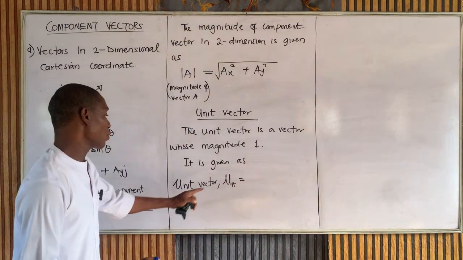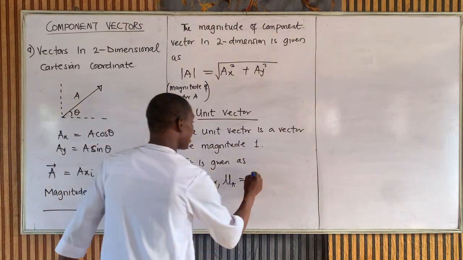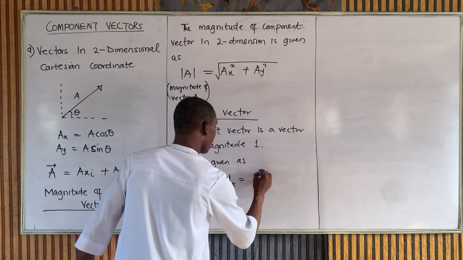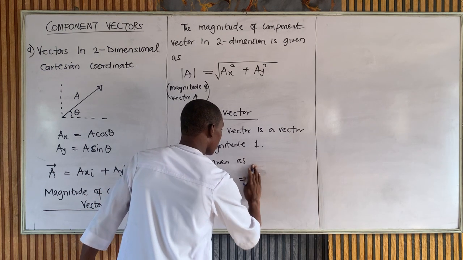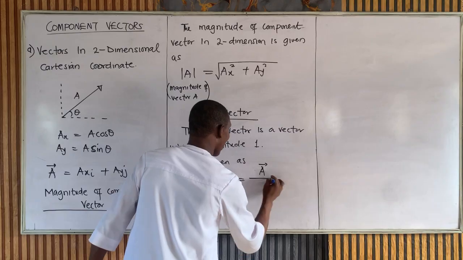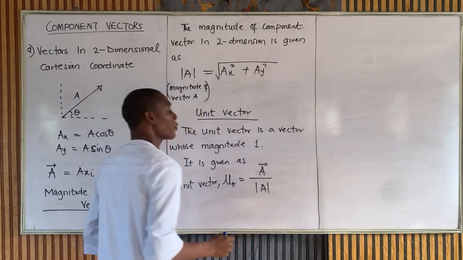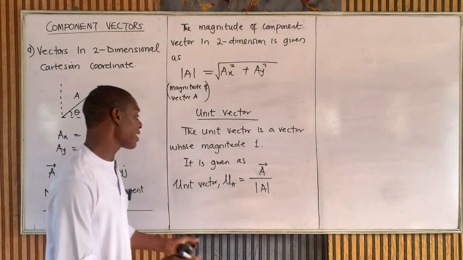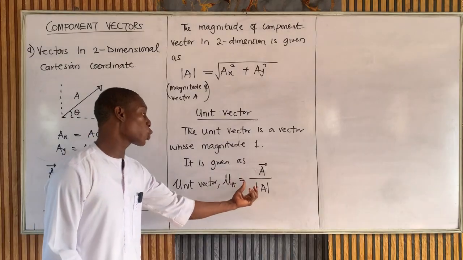If I'm talking about the unit vector of A, it's given as the ratio of the vector A over its magnitude. So you can say that a unit vector is the ratio of a vector to its magnitude.